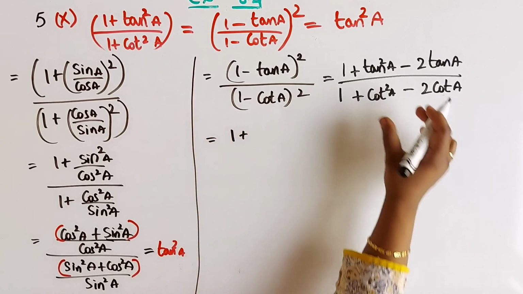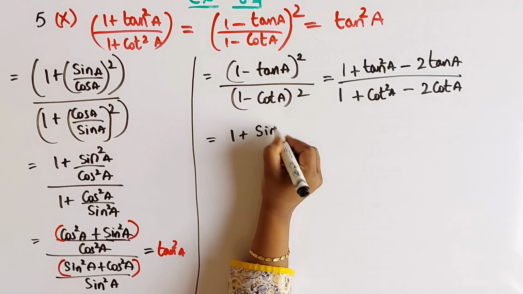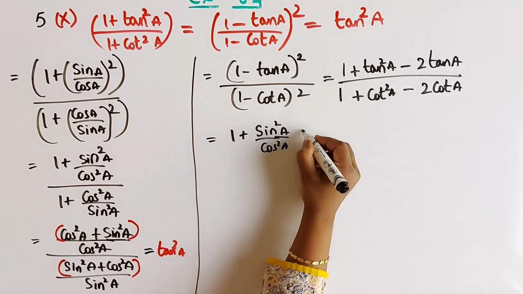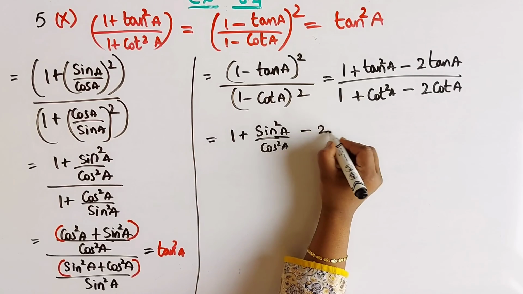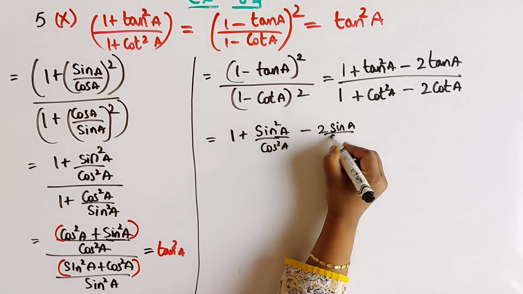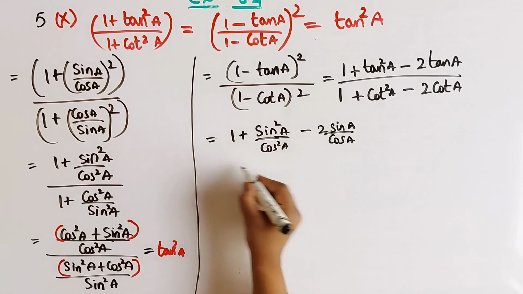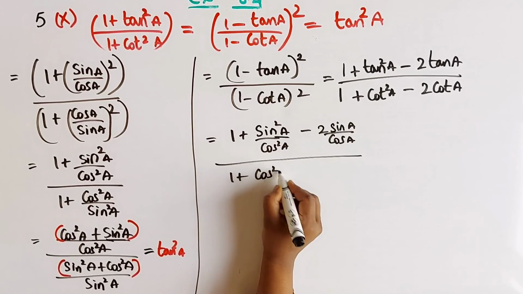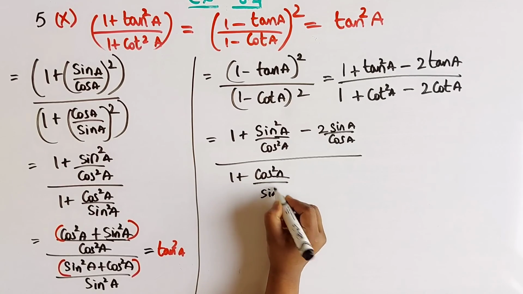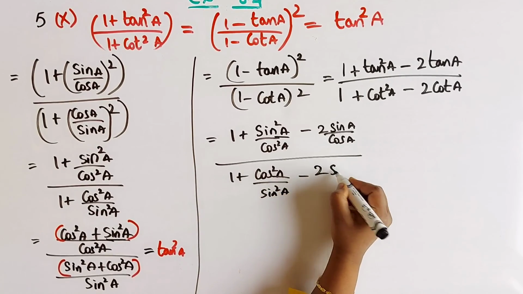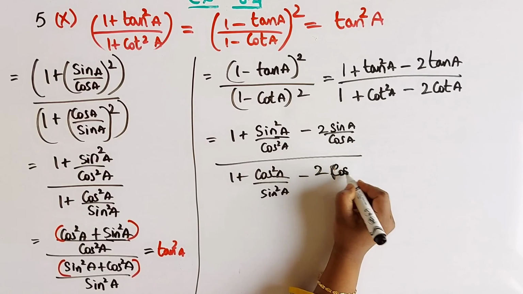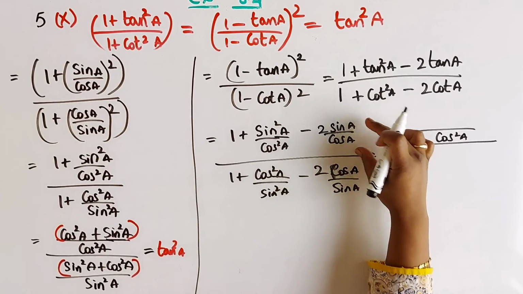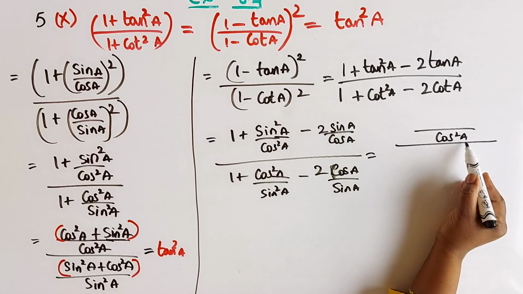This one I am writing as 1 plus sin square a by cos square a minus 2 sin a by cos a, divided by 1 plus cos square a by sin square a minus 2 cos a by sin a. Correct? Now we are solving this part. Cos square a is the LCM.